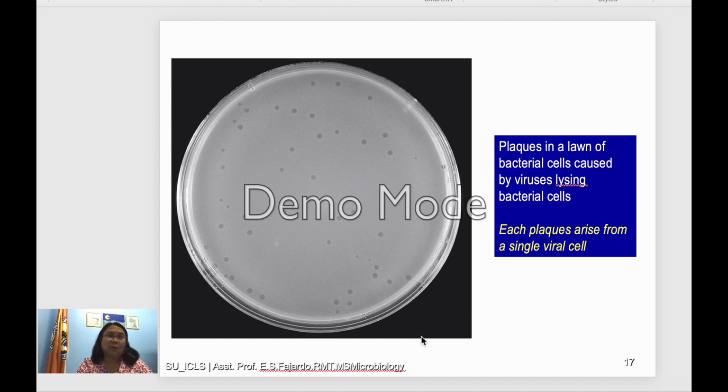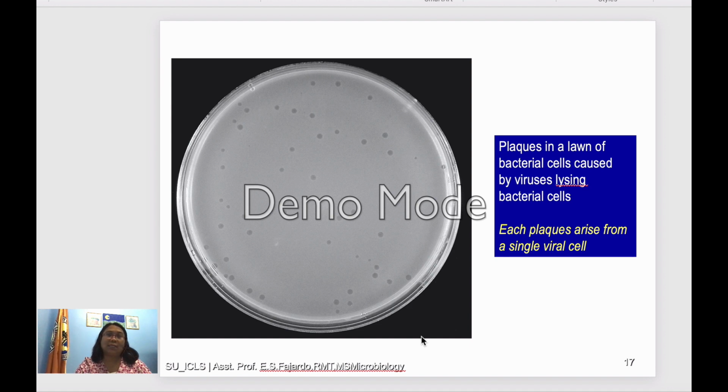Because in the mechanism of viral replication, they have to ride on the machineries of the host cell so that they can be included in the replication cycle. So they have to infect a cell that is actively growing, but not one already in its death phase.